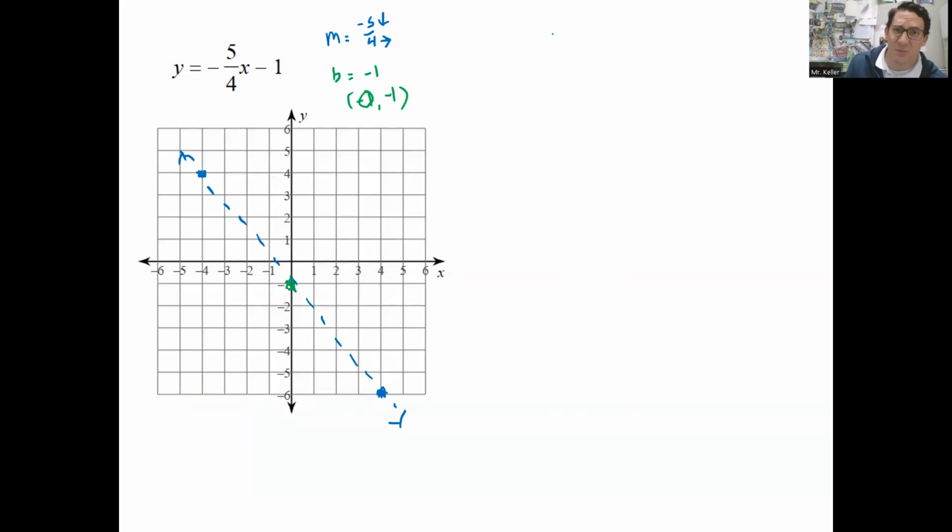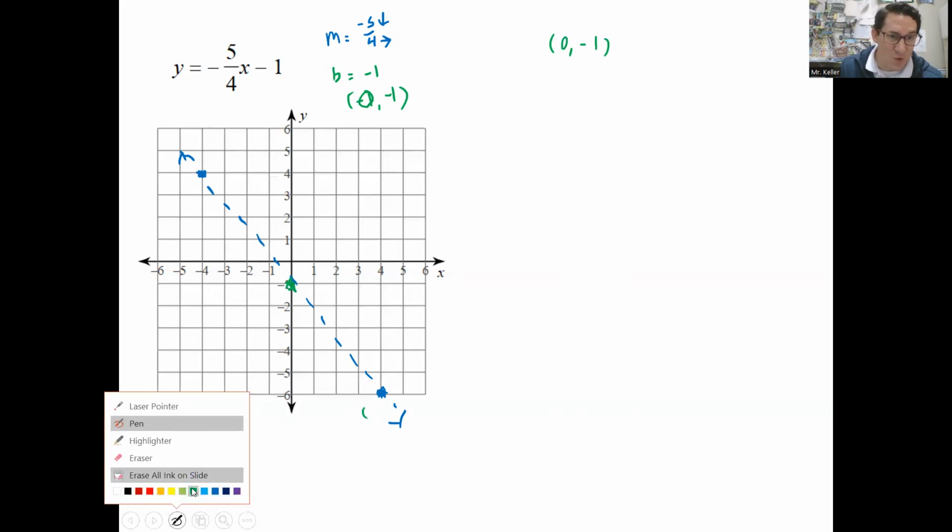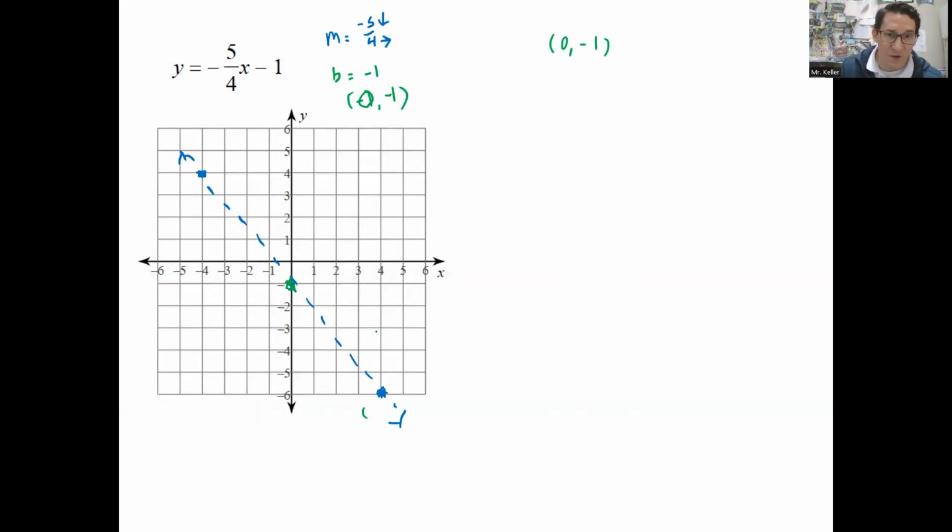So first, the starting point is at 0, -1. This point down here is at 4, -6. So right 4, down 6, that's 4, -6. So I'm just writing these out. This point here is at -4, +4.